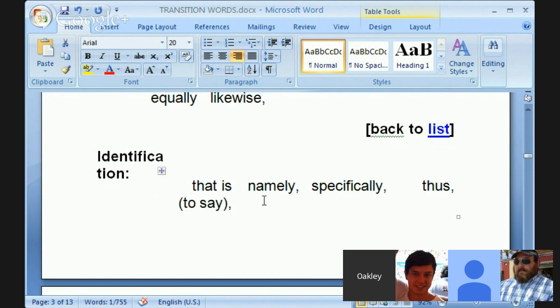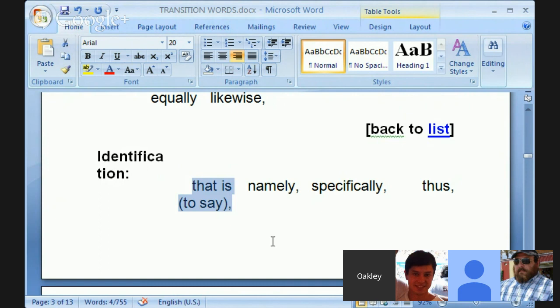Okay, a couple other transition phrases that we use to identify. When we say things like "that is to say," to identify something. For example, children love to play with toy cars, namely Mattel, Tonka Toys, and others.